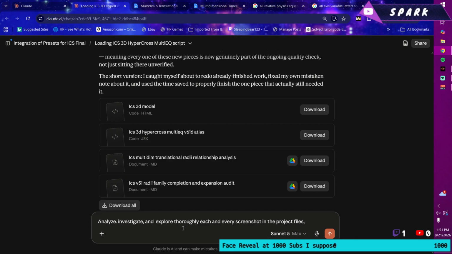Explore each and every screenshot in the project files.